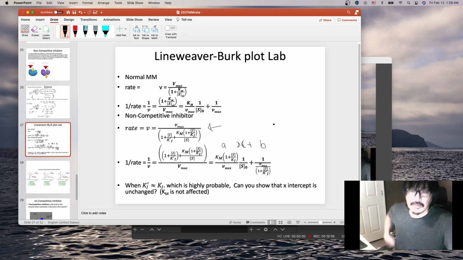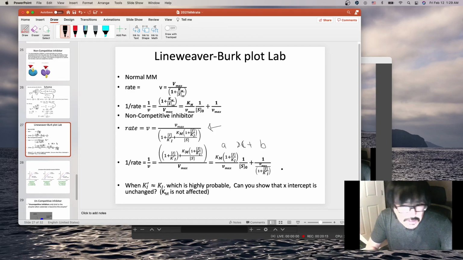So let's actually think about some case here. What would be the y-intercept here? The y-intercept is going to be Vmax divided by something.